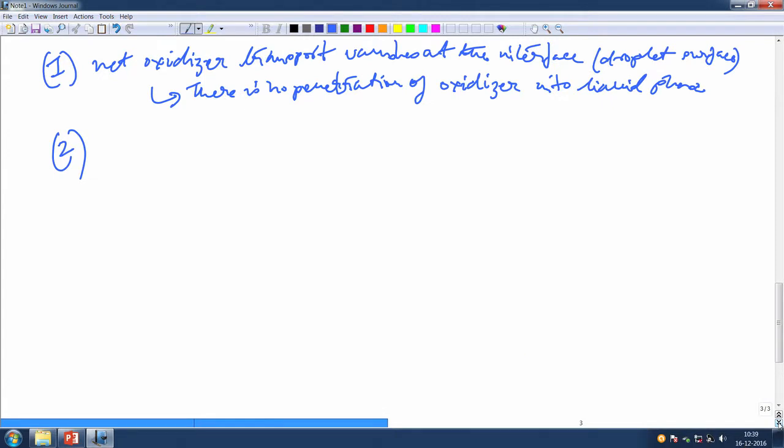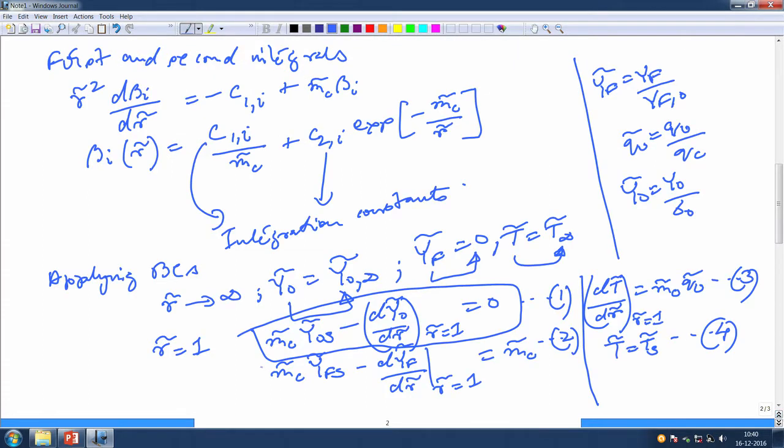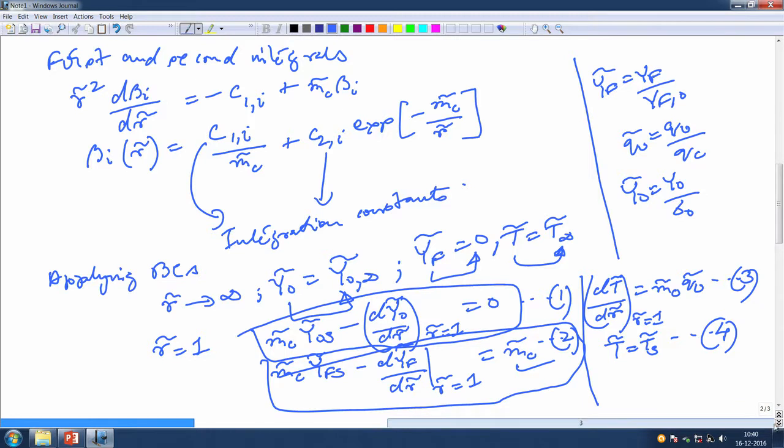So, net fuel transport is the same as fuel gasification. Okay, that is also given over here. This is the expression that you see. On the right hand side you see the gasification, MC tilde, right. So, that is what it actually implies.